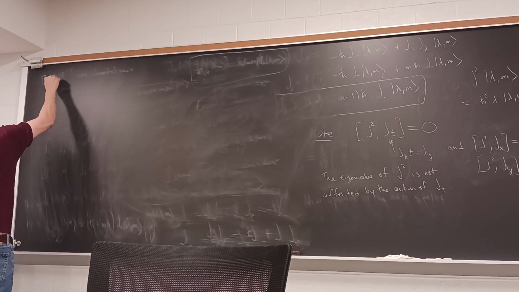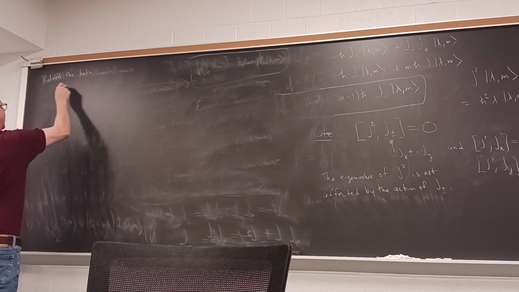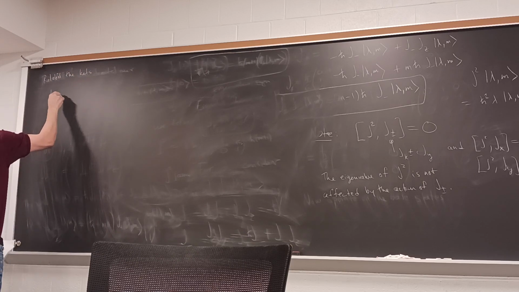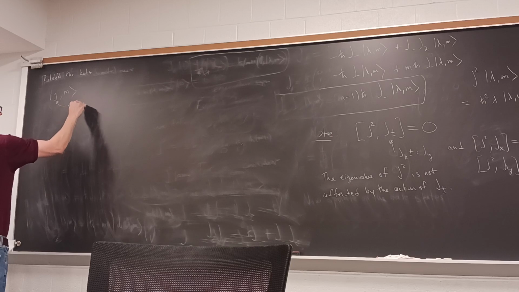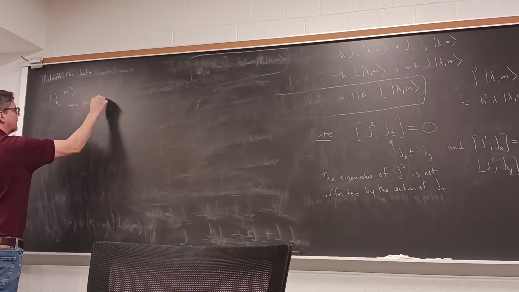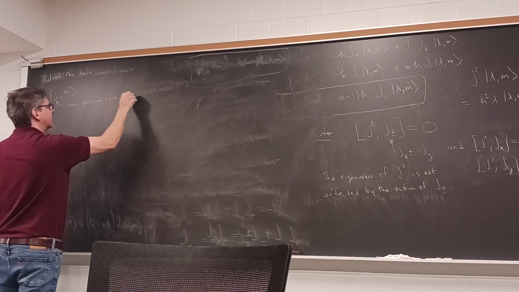Let's relabel the kets with j and m, where j is the maximum positive value. So that's the maximum positive spin projection.